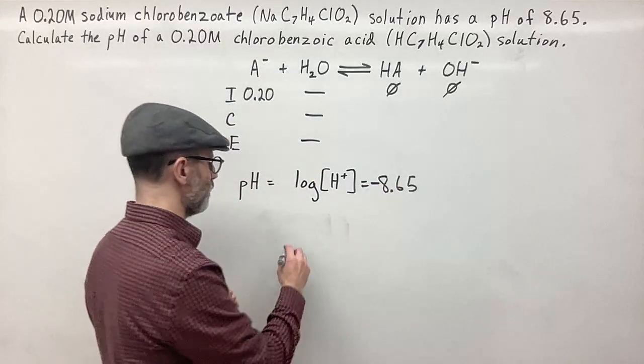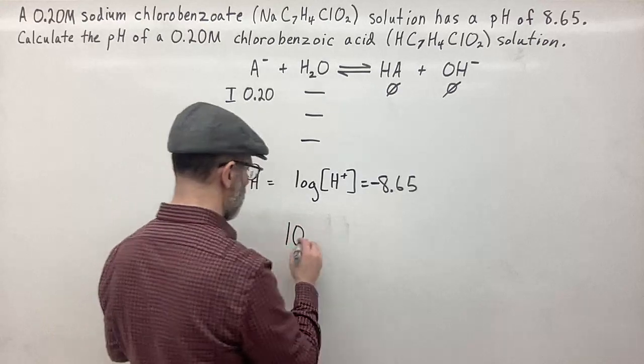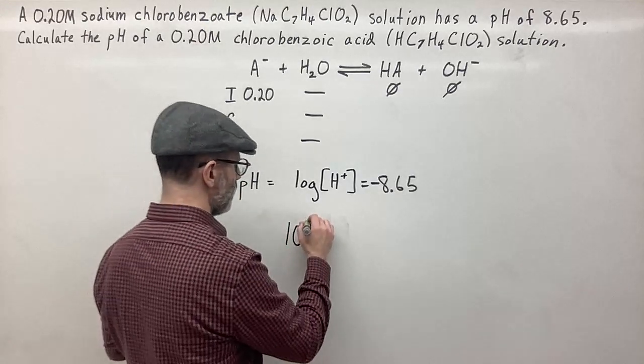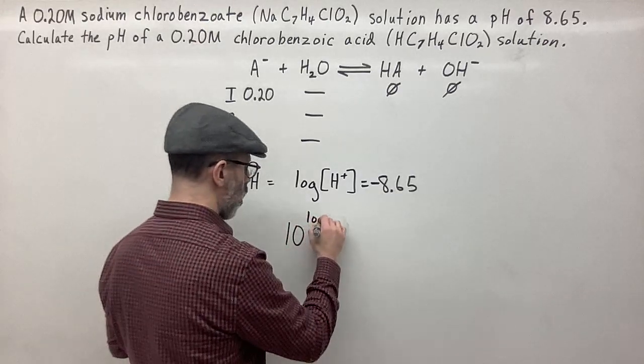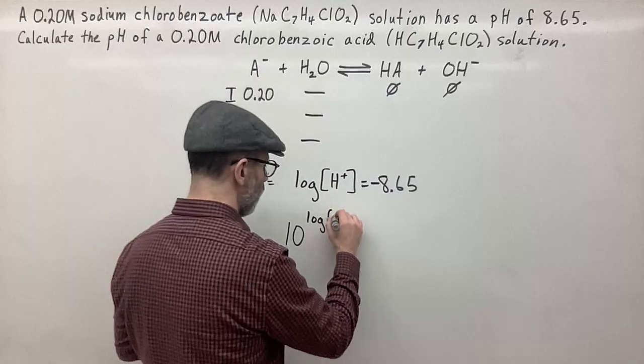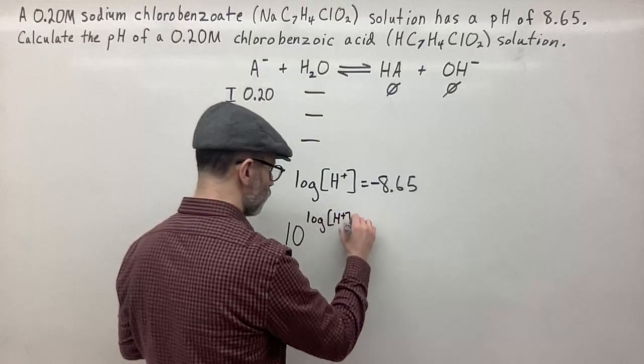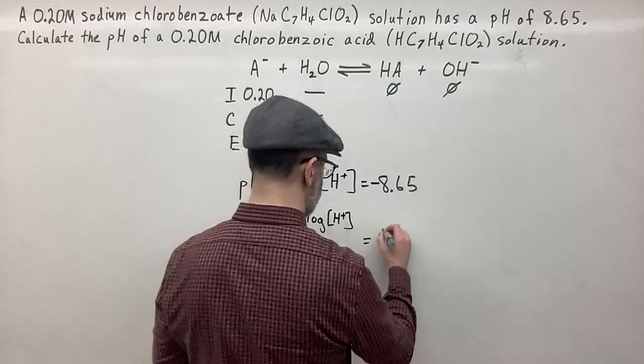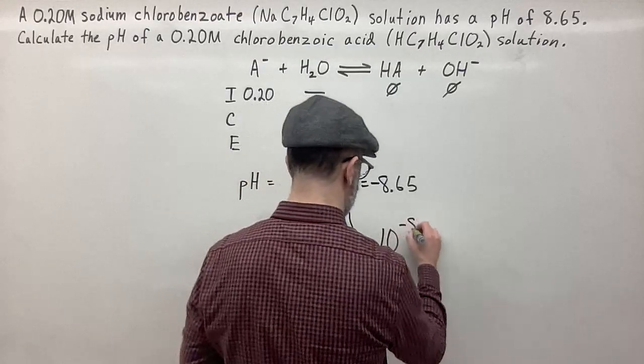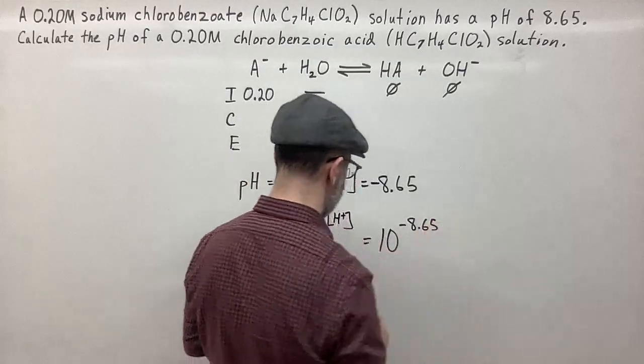So now I can raise both to the power of 10. So this is going to be 10 to the power of log of the H plus concentration, and that's going to be equal to 10 to the negative 8.65.